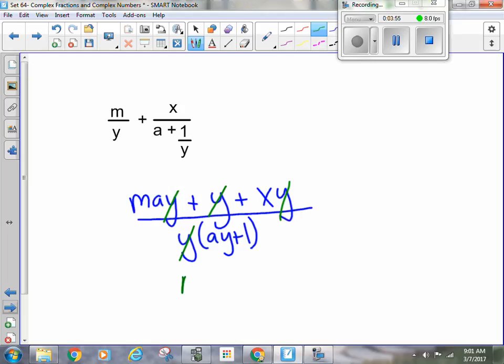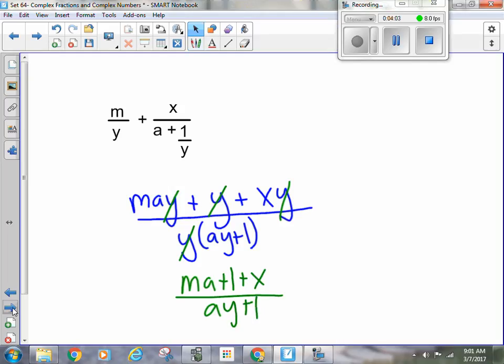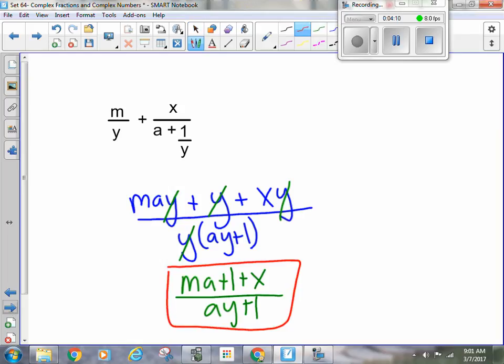So then I'm left with ay plus 1 plus x over ay plus 1. You cannot cancel out your plus 1s on the top and the denominator because they are being added to something else. So here's where my answer is.